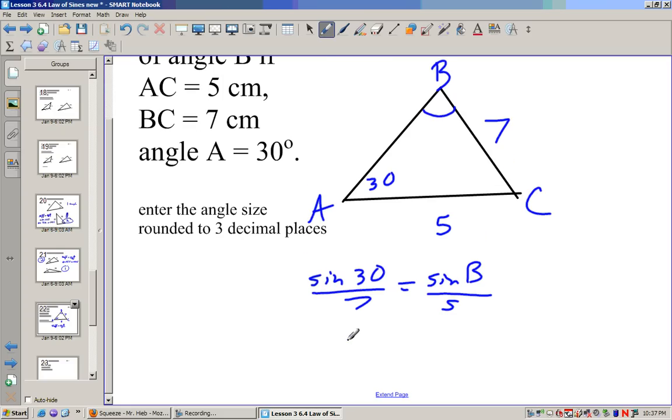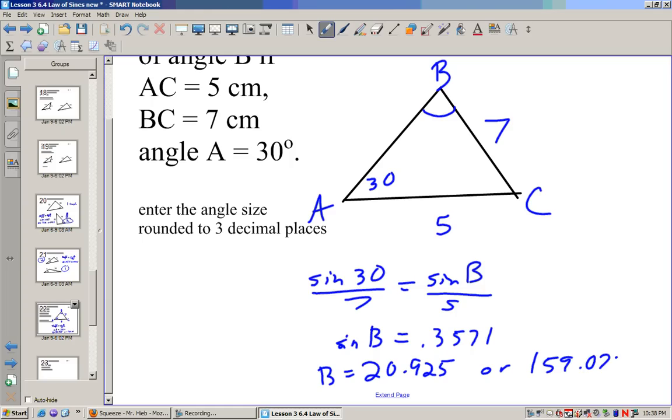If I cross multiply and divide, my sine of B is going to be 5 times the sine of 30 divided by 7, which is 0.3571. And if I take my arc sine, I'm going to have B is equal to 20.925, or 180 minus that, which is 159.075.